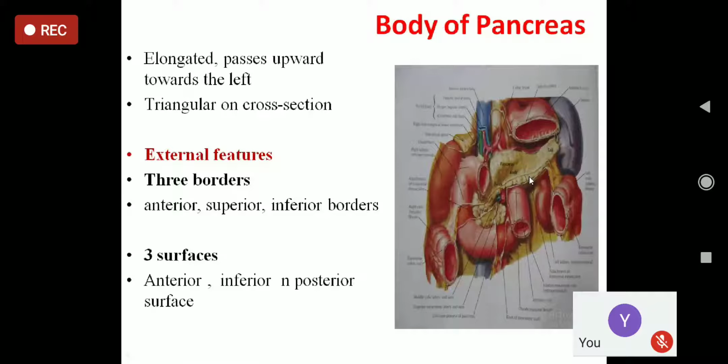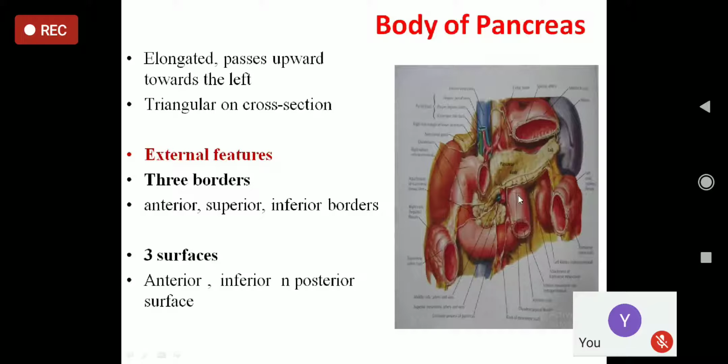External features: there are three borders on the body. It is very important. They are the anterior border, where there is attachment of the transverse mesocolon. So this is the anterior border. This is the superior border above, and behind and below is the inferior border. So the three borders of the body are the anterior border, superior border, and inferior border.